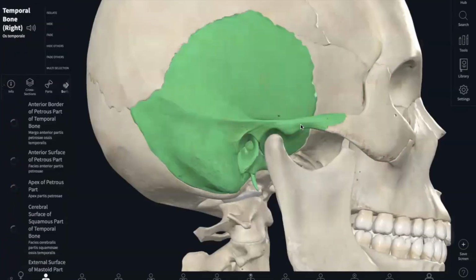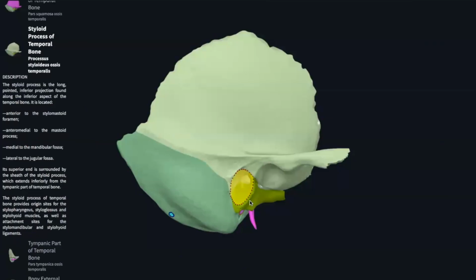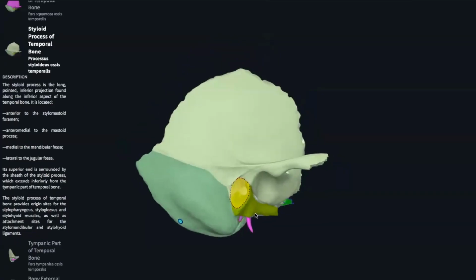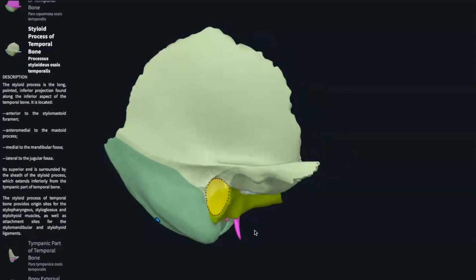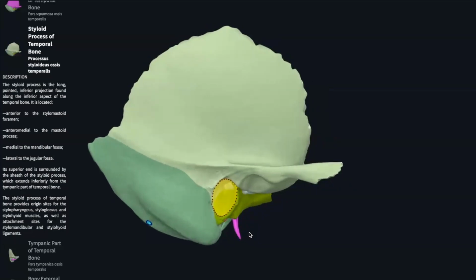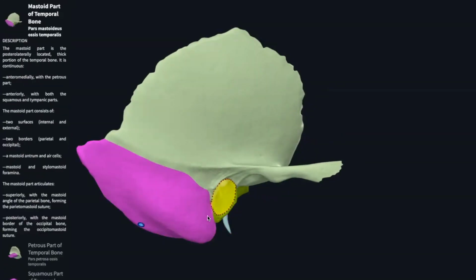So it makes sense that the zygomatic process is the process that connects this temporal bone to the zygomatic bone. Next is your styloid process, which is this kind of pointy pink highlighted thing right here. And I remember that like a stylus, I guess, because it's kind of pencil shaped. It's really small and it's a process. So styloid process. Then finally, mastoid process, which is this part right here.